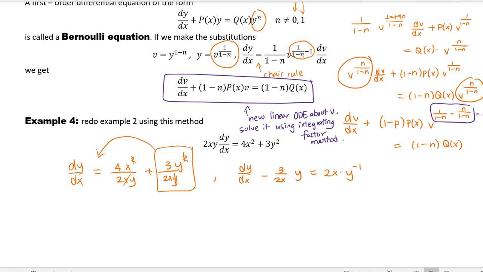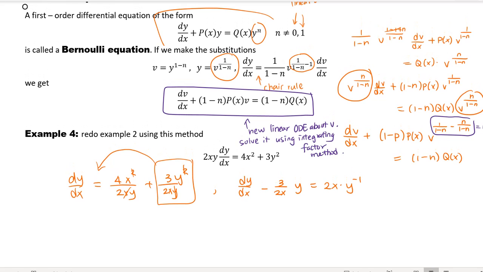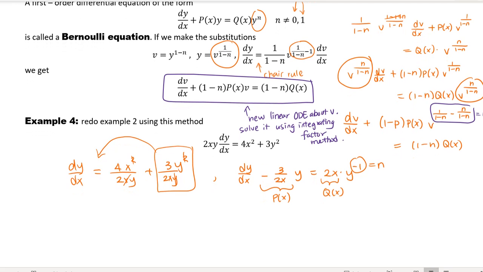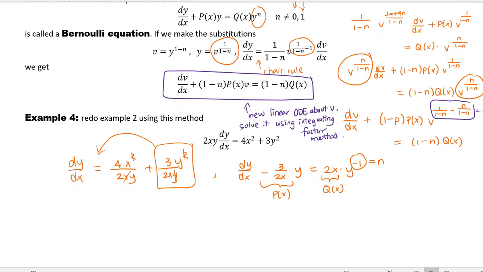Okay, now compare to the Bernoulli equation standard form. Now we get this is p of x, this is q of x, and this guy is the n. n is minus 1. Okay, then by the Bernoulli equations, we know we're going to let v be y to the 1 minus n, which is minus 1, so y squared.